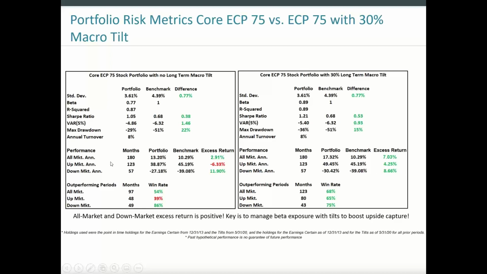Okay? So when we start thinking about returns for the ECP in core, remember this left table is core, the right table is core with a 30% macro tilt. And remember that for 2021, back in March, I changed the tilt recommendations from 25% to 30%, okay, for all portfolios.